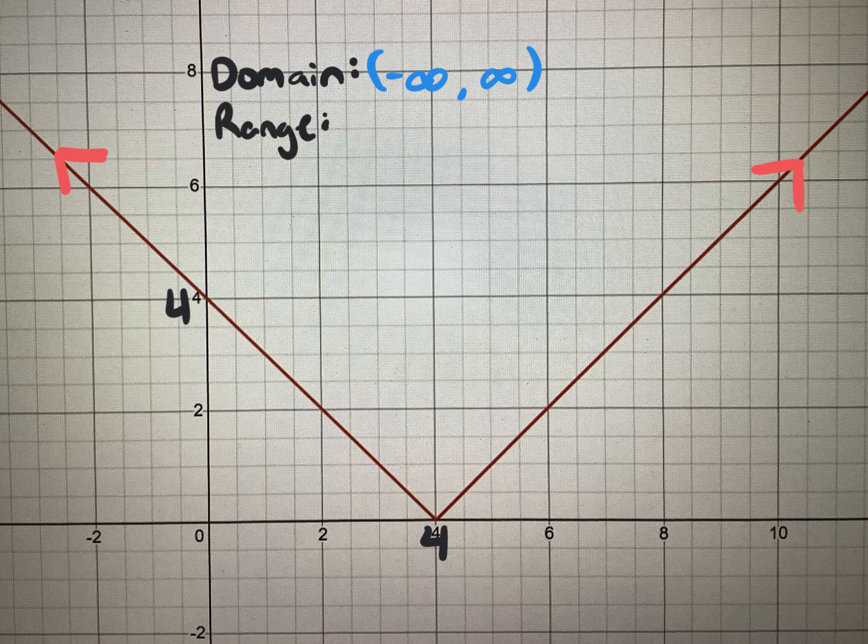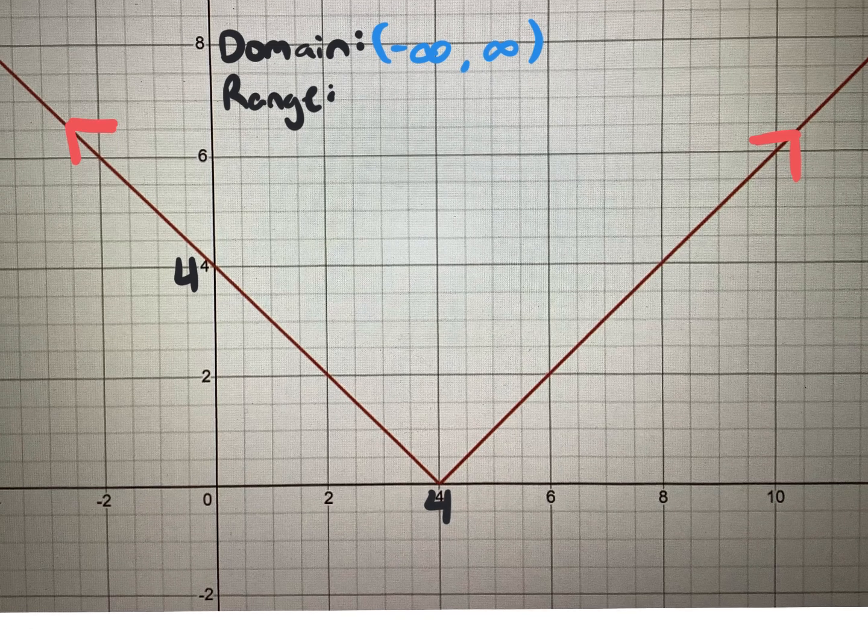What values are range? Y values. So we're reading up and down. A lot of us want to put negative infinity to positive infinity. However, are there ever arrows bringing us down in this area? No. So what is my smallest y value? Why is it 0 and not 4?